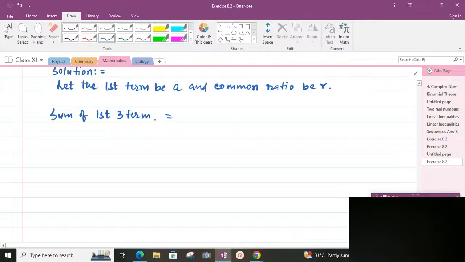The sum of first three terms of a GP is 16, so we write down here 16. And according to the formula, this one will be A (r to the power 3 minus 1) by (r minus 1) equal to 16. Suppose this is equation number 1.